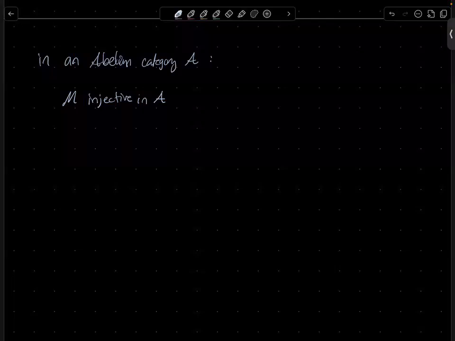In an abelian category A, M is injective in A is the same as saying that M is projective in A op. You might object, is A op an abelian category? You can check for yourself, it is. So this is what is meant by dual. And we'll come to this in a bit when I talk about how to calculate Ext.